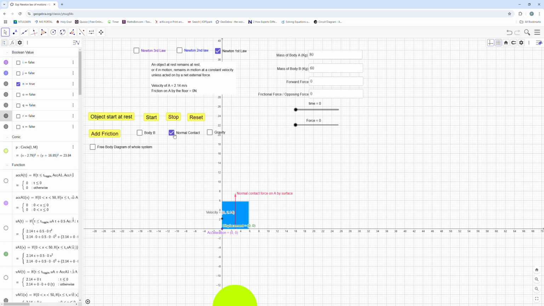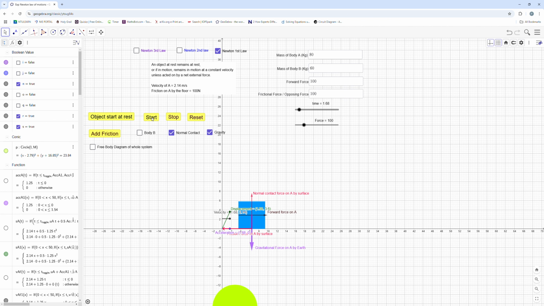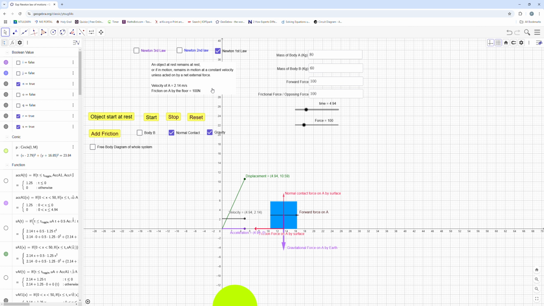Similarly, you can have normal contact, gravity, an initial velocity, a forward force of 100, and friction of 100 as the opposing force, and you let it run. In this case, you have shown that when all the forces are balanced, the object with the initial velocity will continue to move at that constant velocity.